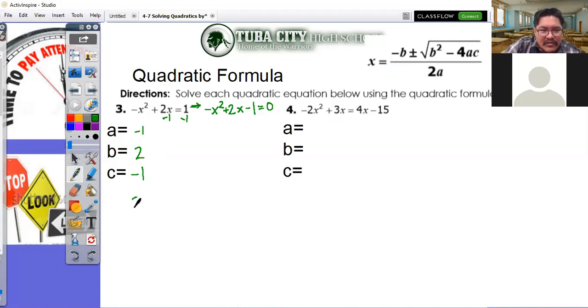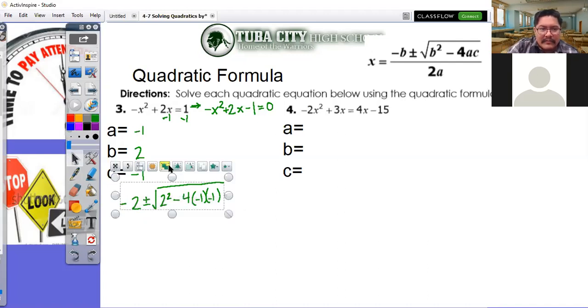So here I have 2, but remember it's got to be negative, or switch the sign, plus and minus square root of b squared, 2 squared minus 4ac. So in this case I have -1 and 1. So my C value, wait, hold on a minute. Both of those are supposed to be -1, so I'm gonna put that there. That's why it's a good idea to check it really quick. Make sure you're putting the right numbers in there.